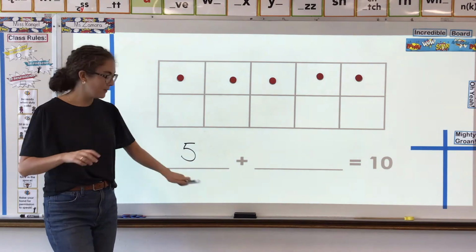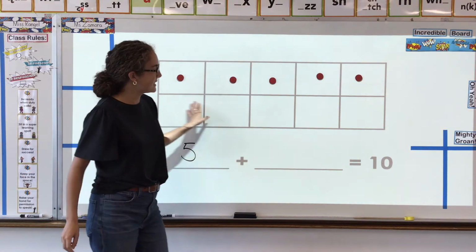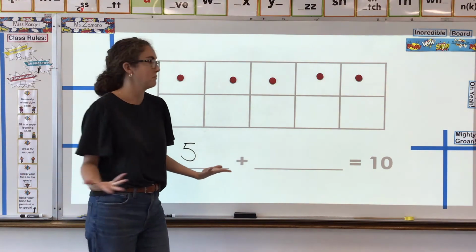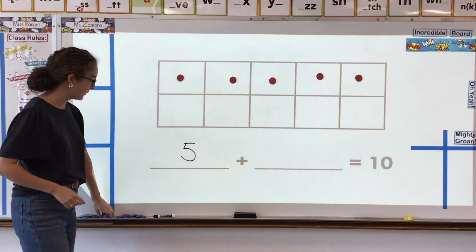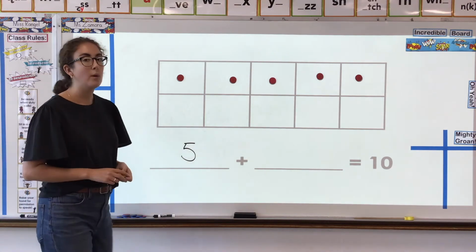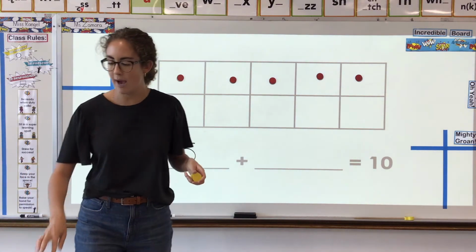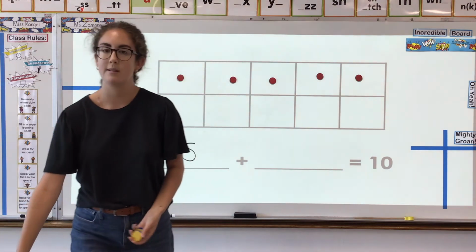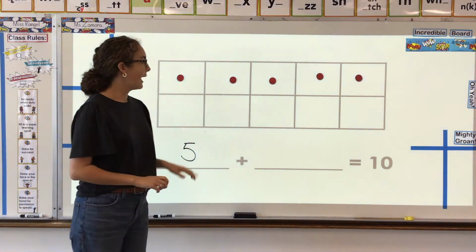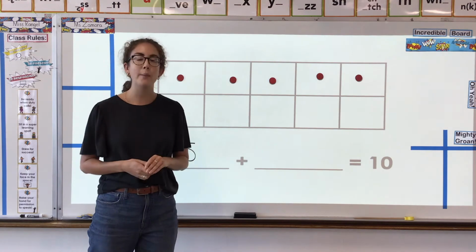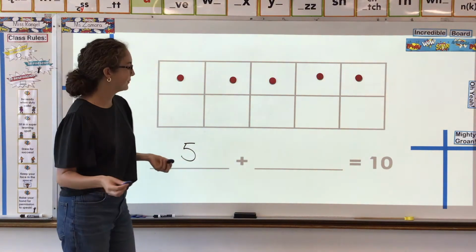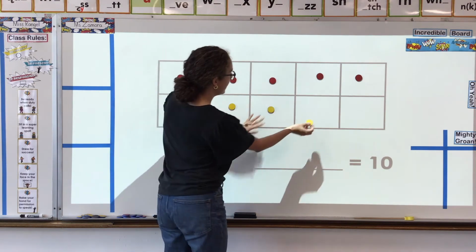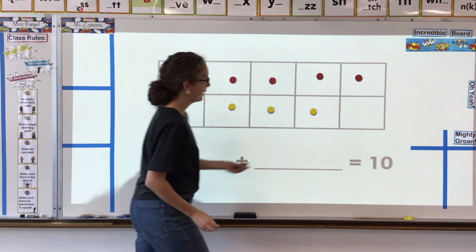So now we need to say, how many more do I need to make 10? I want you to take the other color that you have. For example, this would be the blue erasers. Take the other color and let's count how many more we need to get to 10. Let's see. 1, 2, 3, 4, 5.